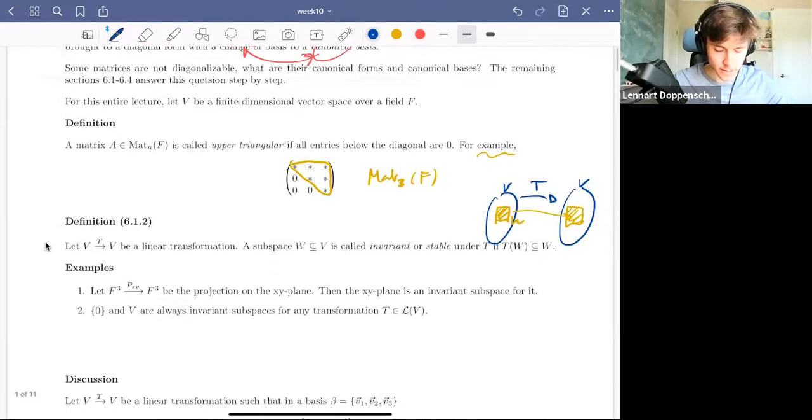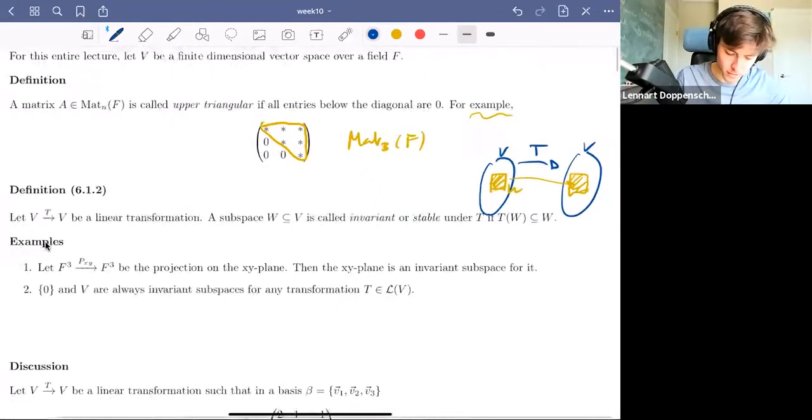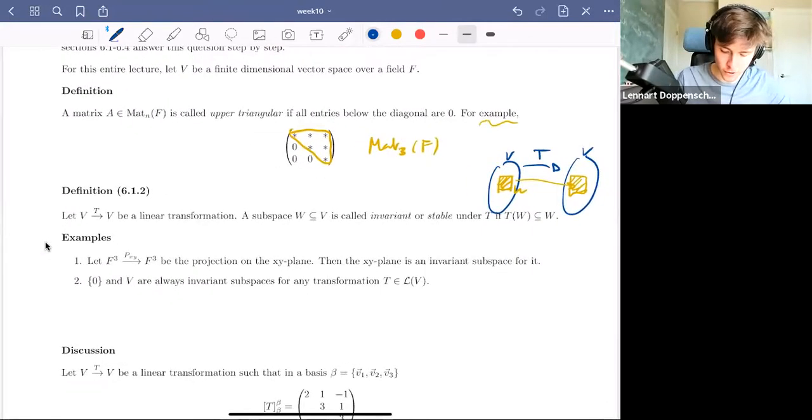All right, so let's look at examples for invariant subspaces. The first example is just the projection onto the xy plane. So I'm just going to draw a three-dimensional vector space over any field. Doesn't really matter which one it is. And then we have this xy plane sitting in here.